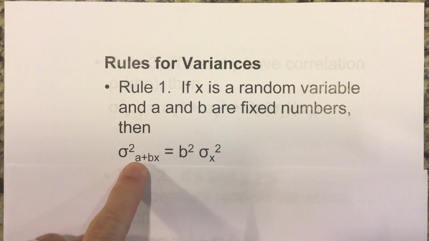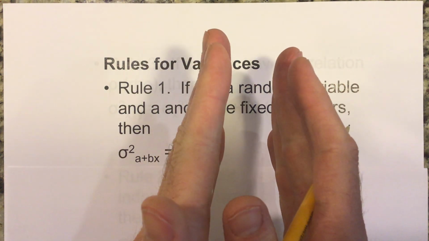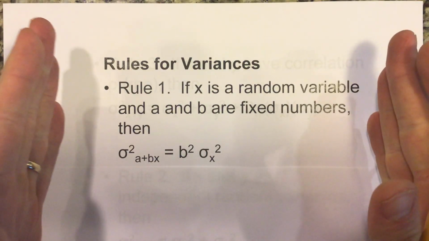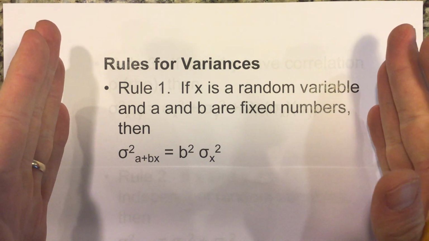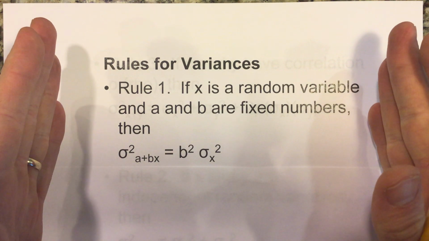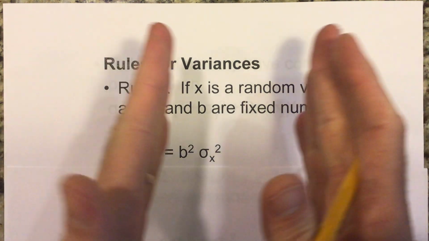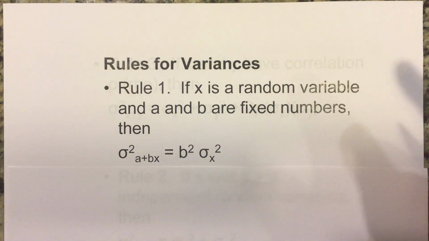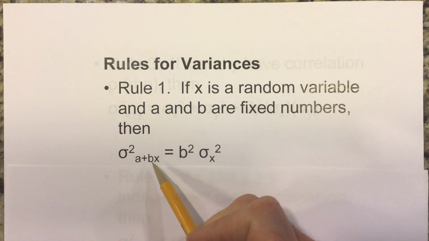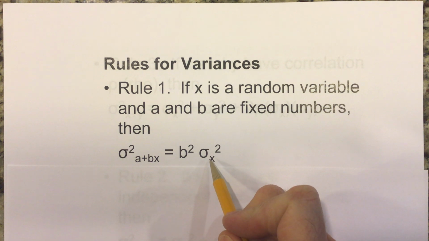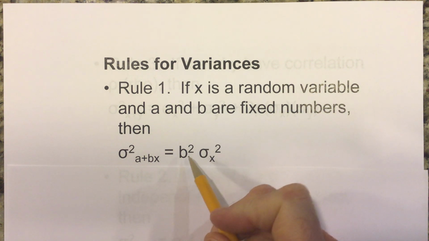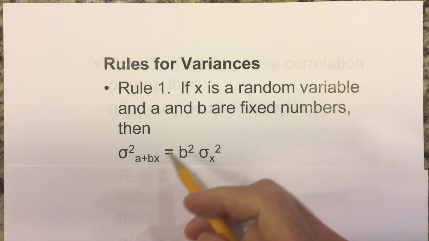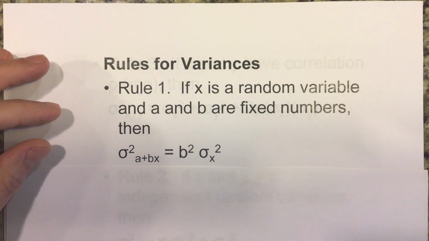Okay, but multiplying does. If I multiply, I stretch it if that multiplier is greater than 1. If I multiply by a fractional value between 0 and 1, now I'm going to shrink the spread. And the rule is, for variance, whatever our multiplier is, it will multiply the original variance by that multiplier squared, which makes perfect sense. And again, we went over this back in chapter 2.